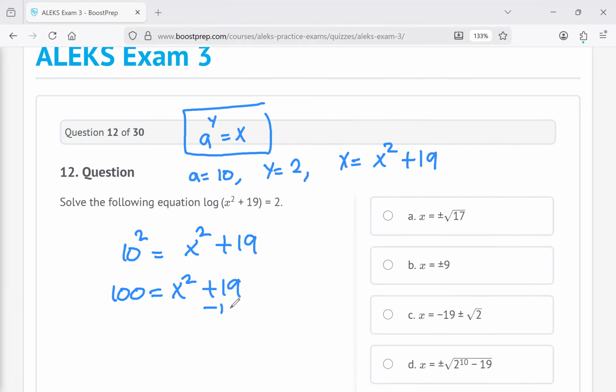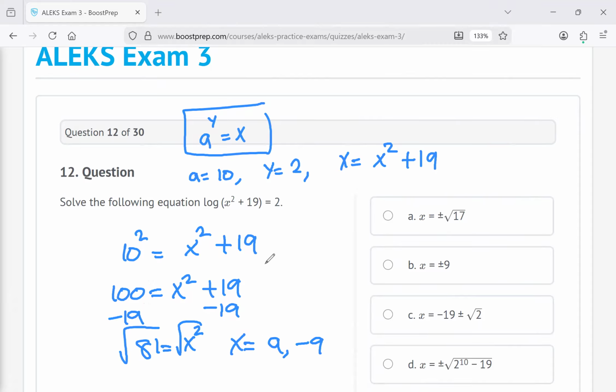Solve for x, so you're going to subtract 19 from both sides. 100 minus 19 is 81 equals x squared, and then take the square root. You get x equals the square root of 81, which is 9 and negative 9.